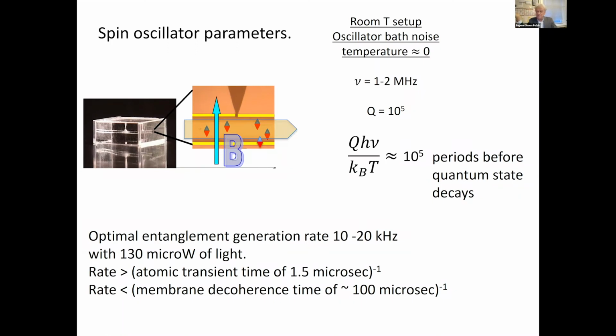So you can have a system containing lots of atoms, which can be an oscillator with high Q. And the point is that by optical pumping, you can initiate this spin state in its ground state of the spin oscillations, and depending on the direction of the spin with respect to the magnetic field, you can initiate it in either the negative mass state or the positive mass state, as you will. And it's as simple as that. You just simply change the direction of the magnetic field with respect to the optical pumping direction.